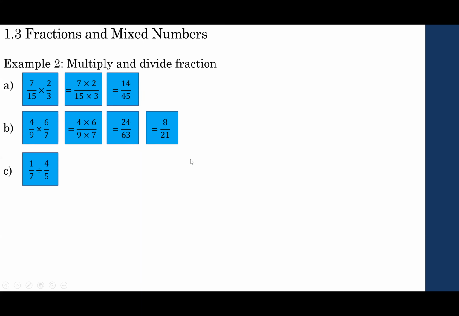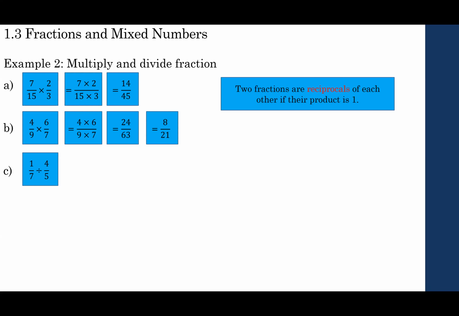So how do we divide? Multiplying is easy. Multiply numerator times numerator, denominator times denominator, top times top, bottom times bottom, and reduce at the end, right? So how do we divide? Before we divide, you have to know that there is a concept called the reciprocal.